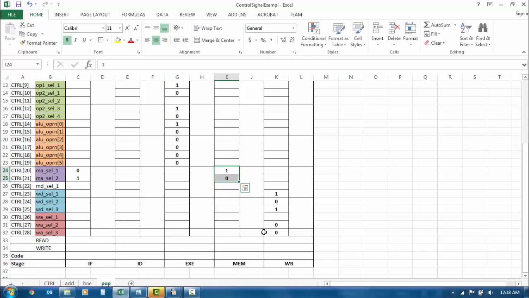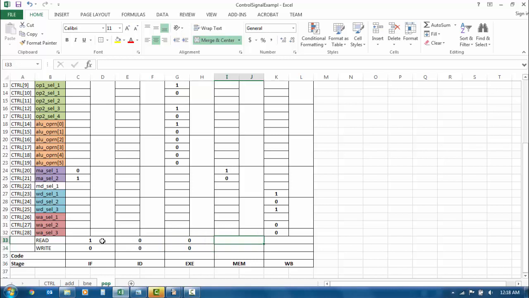Now once the data is read, here it is read, instruction fetch, and then it is a hold from the memory side, and also a hold during the execution. Now we are actually reading from the memory for the pop operation during the memory phase.